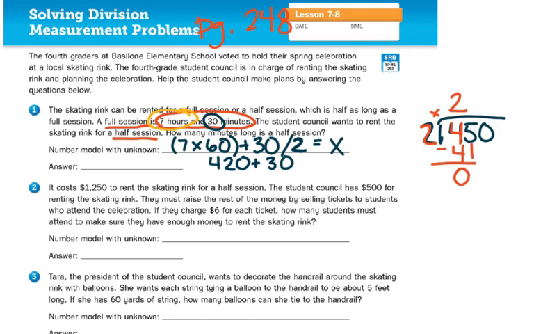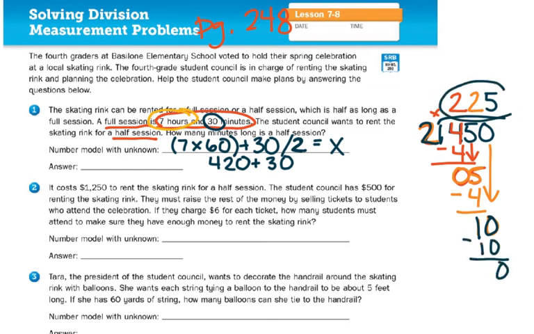That's smaller than my divisor, so I can bring down my 5. Now I say, how many 2s are there in 5? 2. And 2 times 2 is 4. 1 is smaller than my divisor, so I can bring down my 0. And the last thing to do is, how many 2s are there in 10? There's 5. And 5 times 2 is 10.